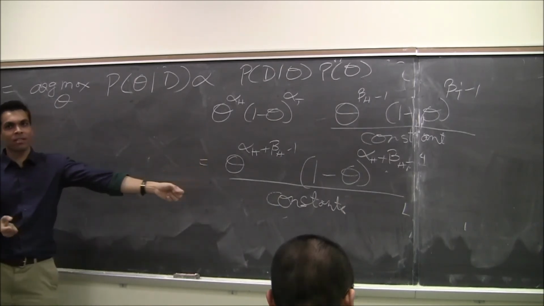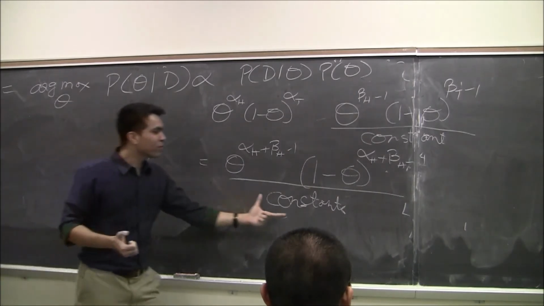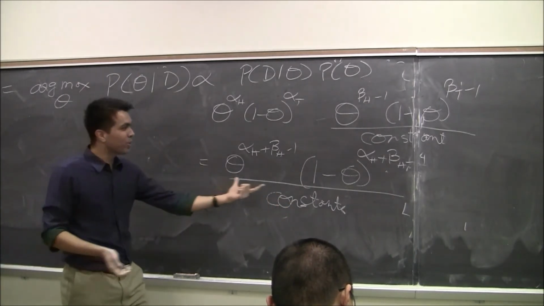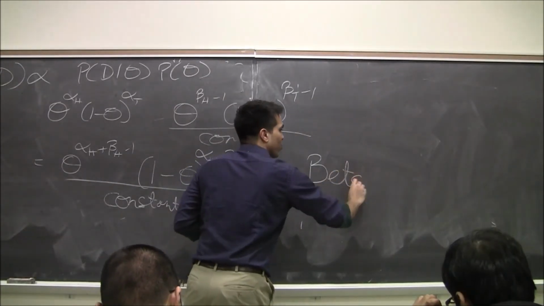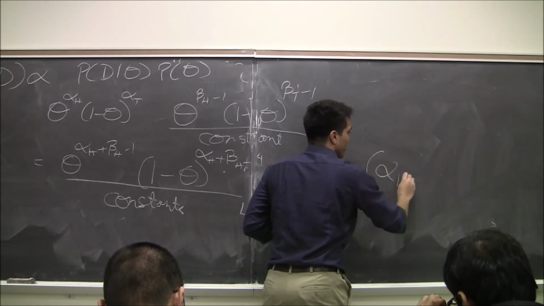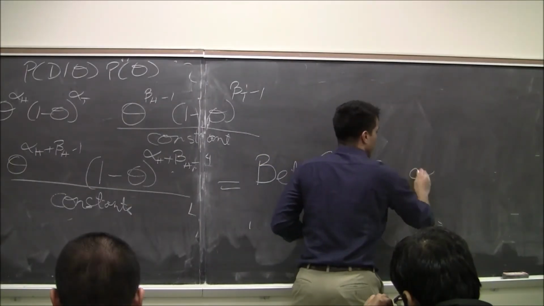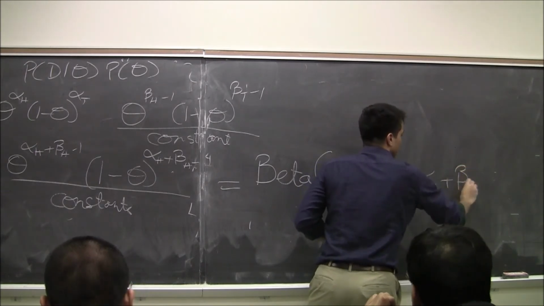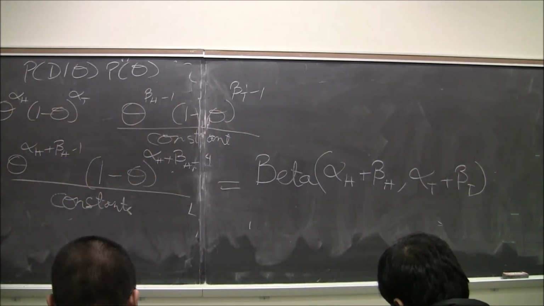What does that look like? A beta distribution. Excellent. So we don't have to worry about constants, don't have to integrate. We know exactly what this is. This is a beta distribution with particular parameters, this time alpha heads plus beta heads, alpha tails plus beta tails. That's the reason why we were working with this distribution.